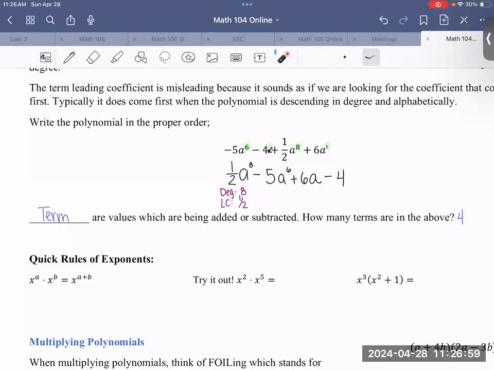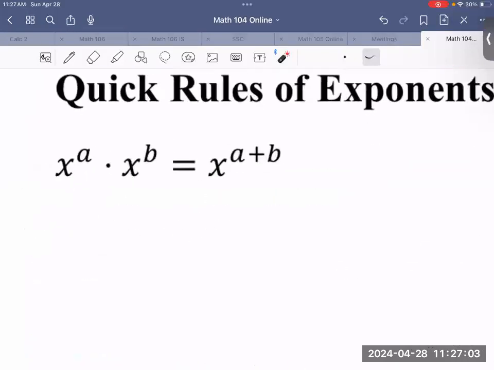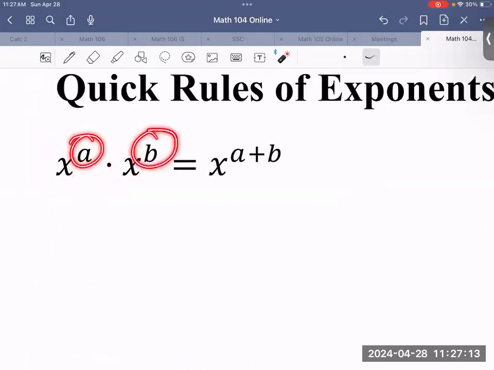So now let's look at a couple of quick rules of exponents. So can you figure out what is happening here? This says if you have the exact same variable, and they both contain an exponent and they're both being multiplied together, we are going to add their exponents.